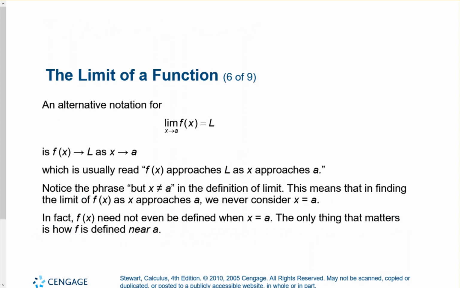An alternative to the standard notation is f of x, followed by an arrow symbol: f of x approaches L as x approaches a. That's another way of writing the limit.